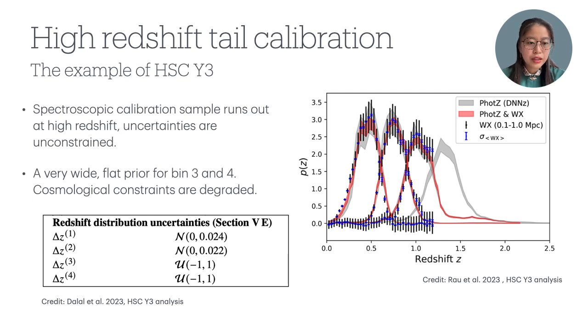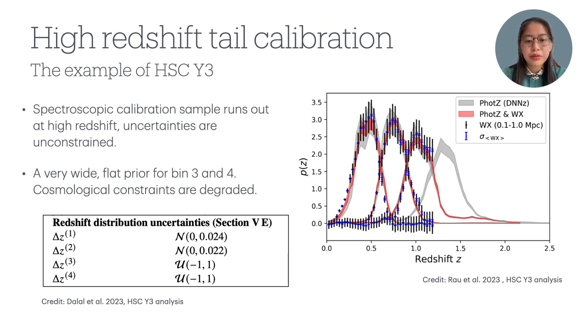As a result, their redshift distribution uncertainties propagated to cosmology are much, much larger than the 2 lower redshift bins, which are precisely determined with the calibration. This means that their cosmological constraints are heavily degraded in these top 2 bins.